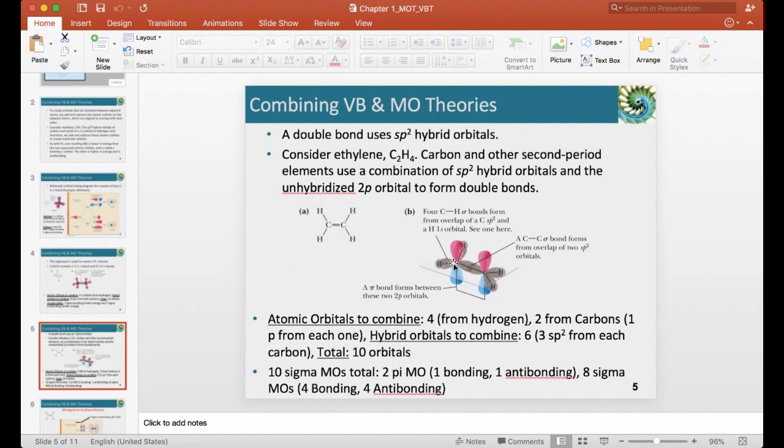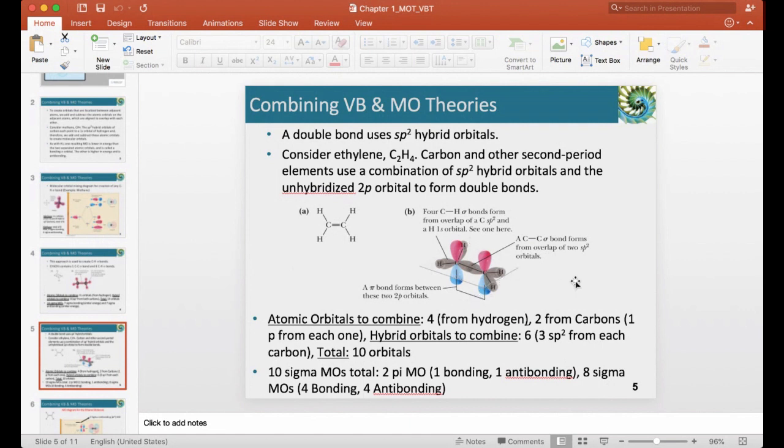Trigonal planar, you can see how everything in gray is on the same plane, trigonal planar, 120 degrees angle, and perpendicularly to the plane of the molecule there is a p orbital which is going to have electron density above and below the plane of the molecule. You can see the plane of the molecule right here.